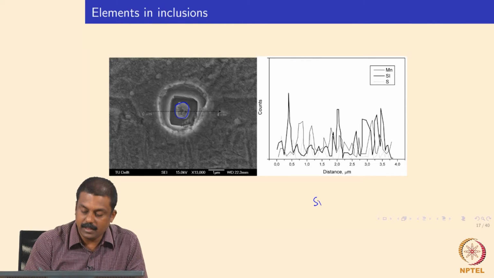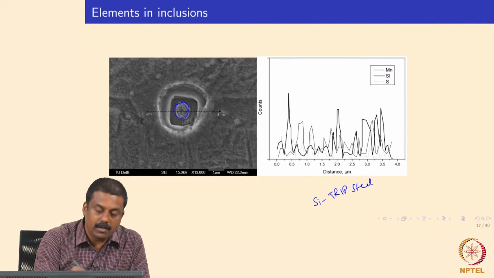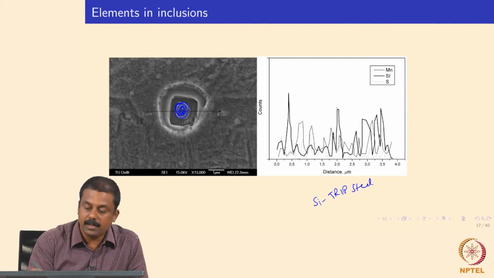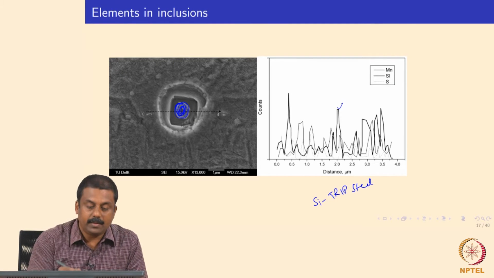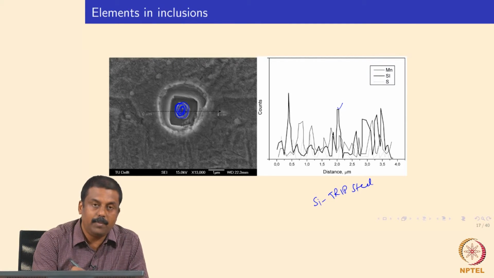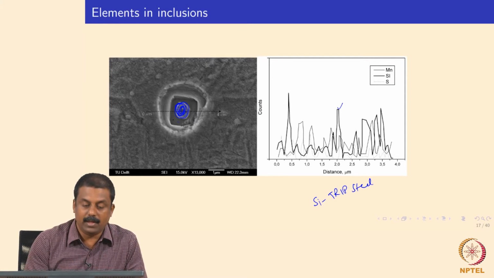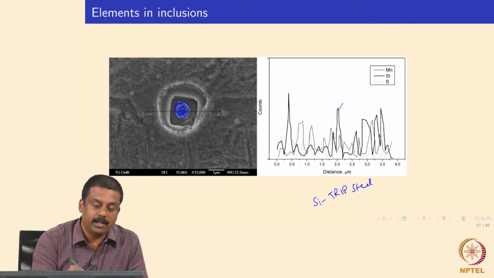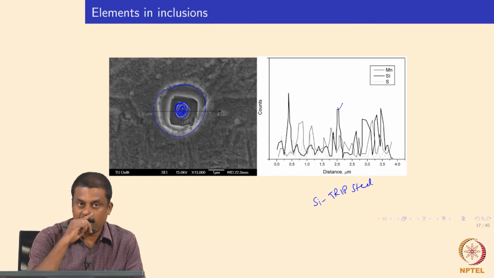In this case, in a silicon based strip steel, at the middle you have an enrichment of silicon, so you have a silicon peak. Once the silicon oxide is formed, it traps elements like manganese and sulfur, and then manganese sulfide forms surrounding the oxide that forms at higher temperature. So you have a typical non-metallic inclusion containing silicon oxide at the center, and manganese sulfide surrounding the silicon oxide.